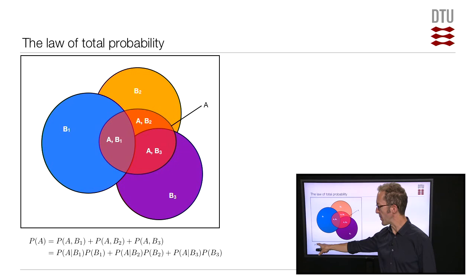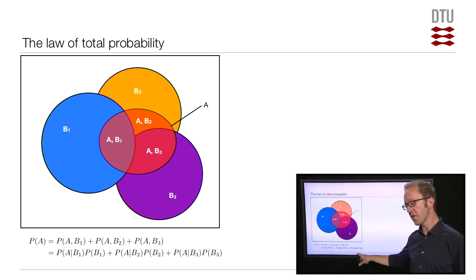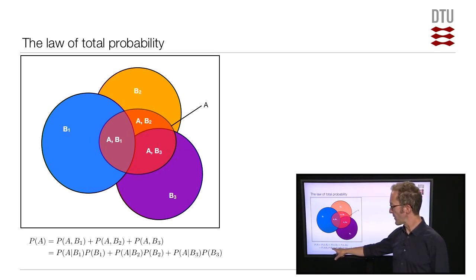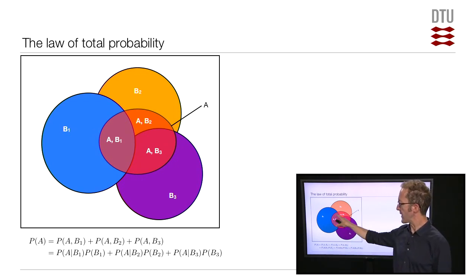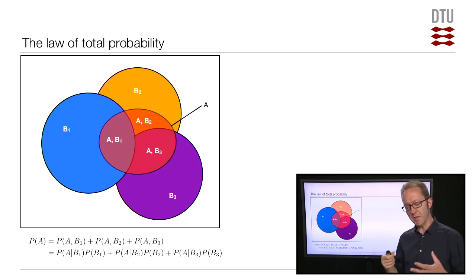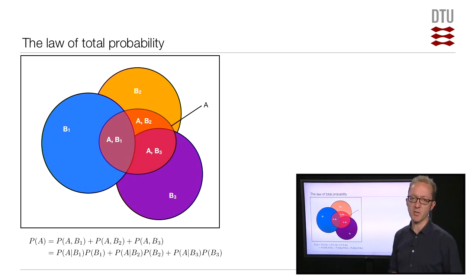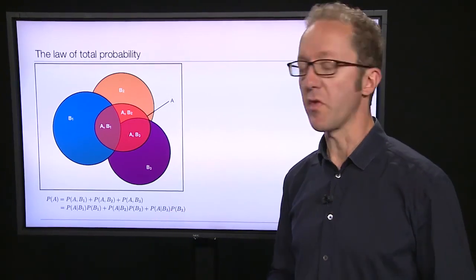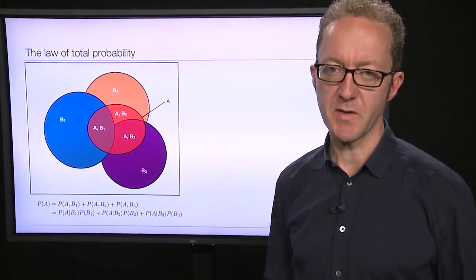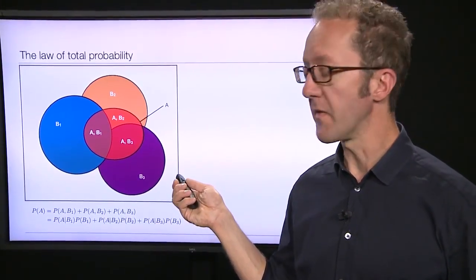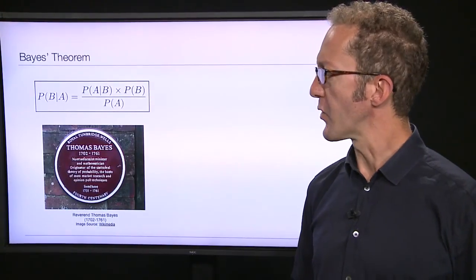So the total probability of A can be expressed as this sum of these terms, these conditionals, in the case where A is completely covered by these mutually exclusive events. We'll also use this expression later on in this lecture.